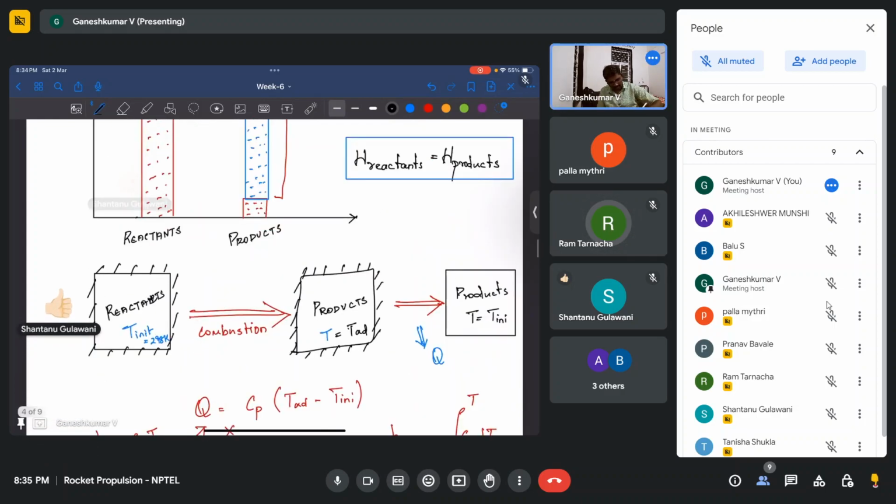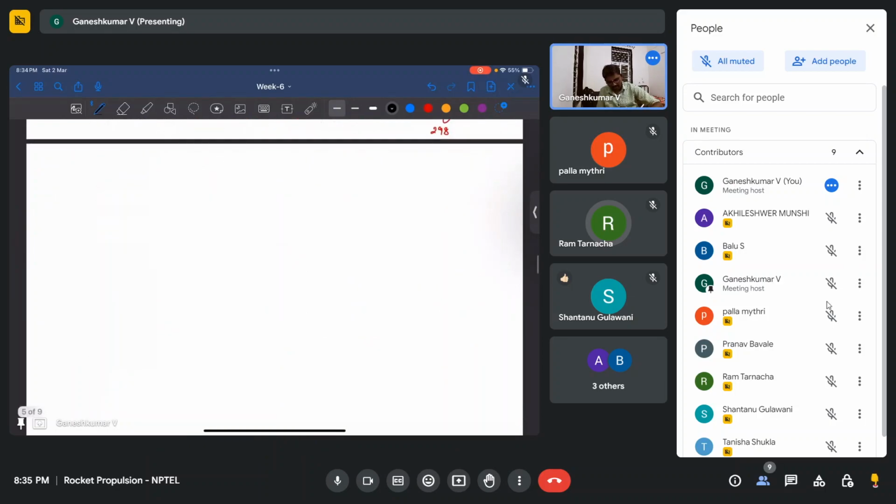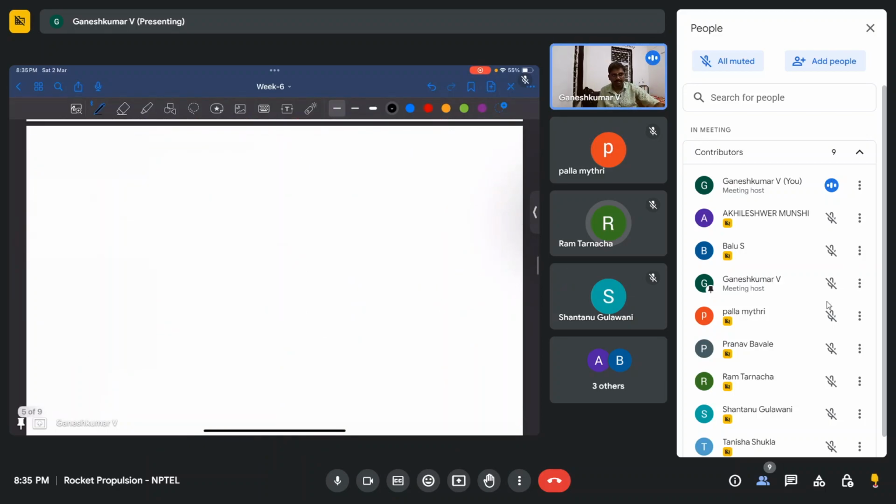So now, if you want to find heat release, let me give you a different perspective of this. It is based on the first law of thermodynamics. Let's assume this is a constant pressure process.